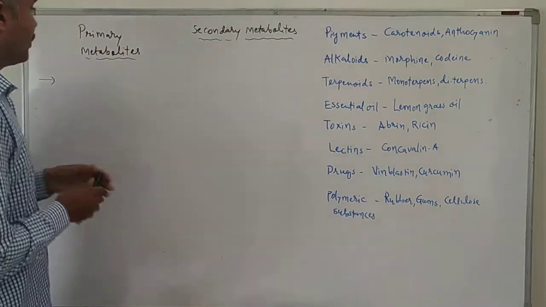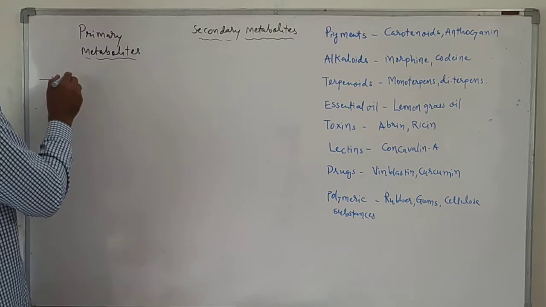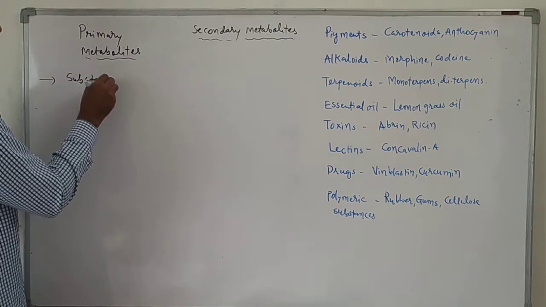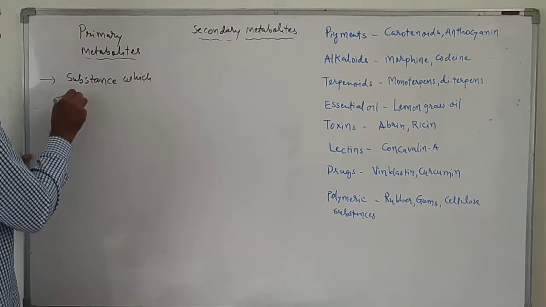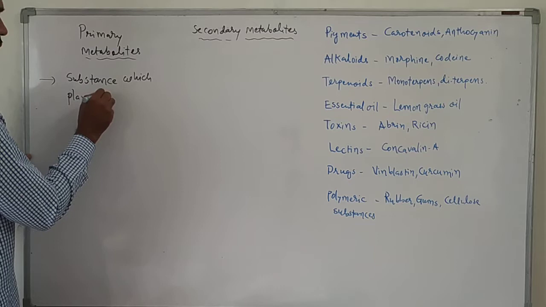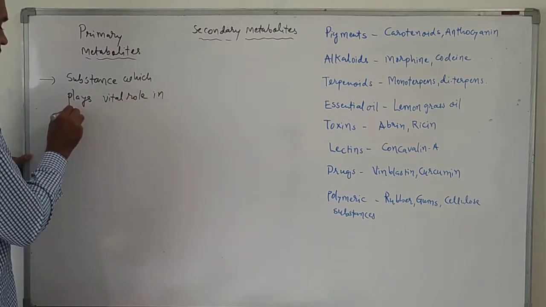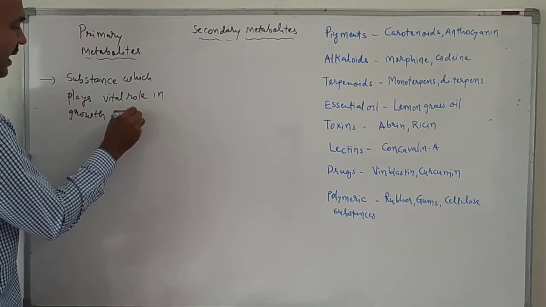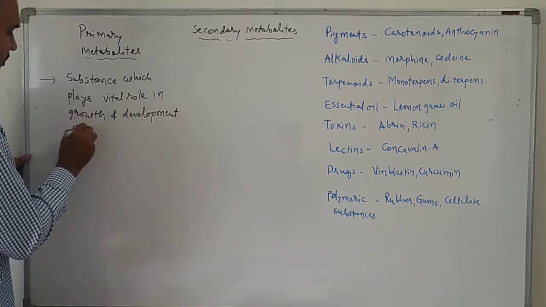Okay, so what we will write over here: primary metabolite is that substance which plays a vital role in growth and development of plant.